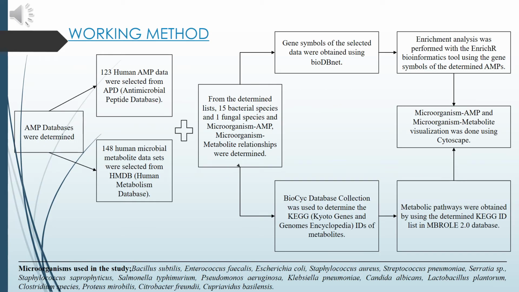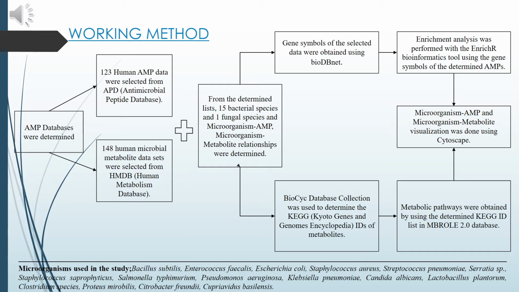Here, I would like to talk about the method of the study. Firstly, AMP databases were determined. Then 123 human AMP data were selected from the antimicrobial peptide database, and also 148 human microbial metabolite data sets were selected from the human metabolism database. And from these lists, microorganism-AMP and microorganism-metabolite relationships were determined.